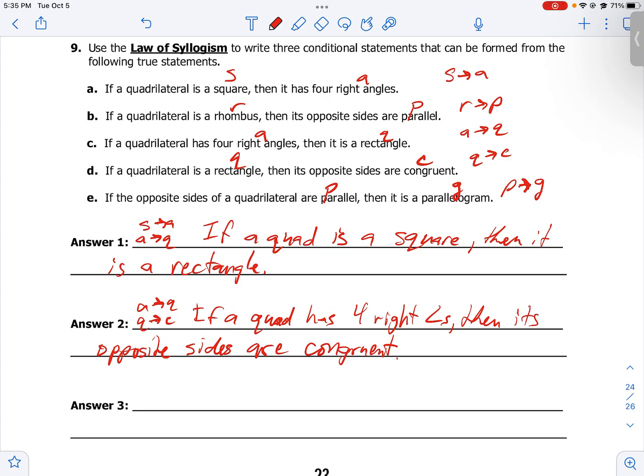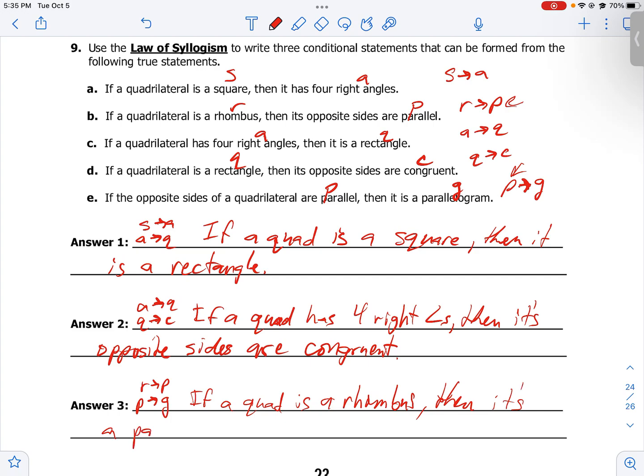And let's see, the last one. I see a P here and a P right there. So I could do R to P and then P to G. So if a quad is a rhombus, then we're going to connect through the P's to get to G. It's a parallelogram.